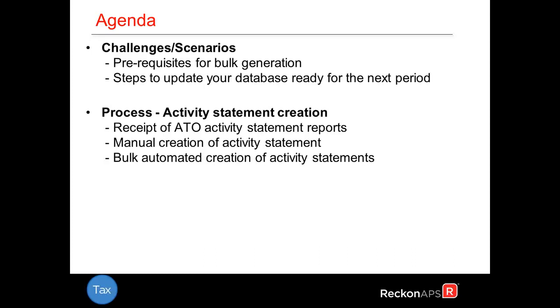Then the process around the activity statement creation. Once you've received the ATO activity statement reports, we'll talk about the manual creation process of those activity statements, as well as the new feature of bulk creating the activity statements. So we now have the ability to create those activity statements in bulk.